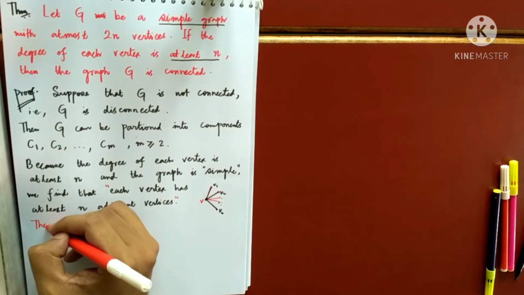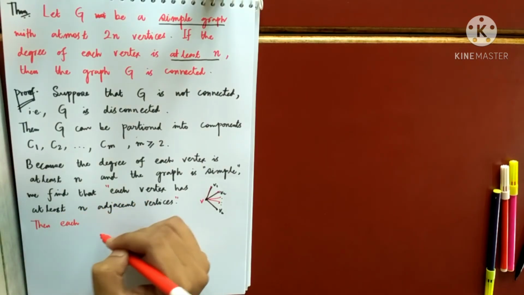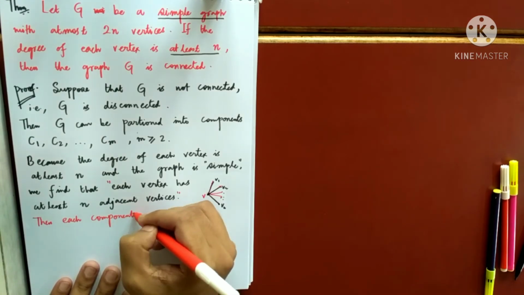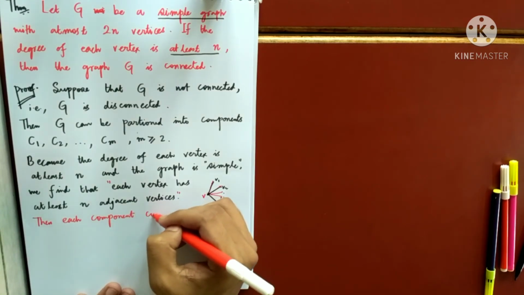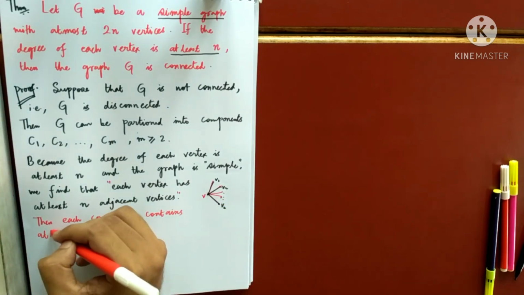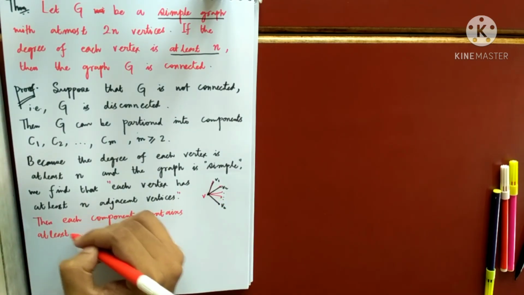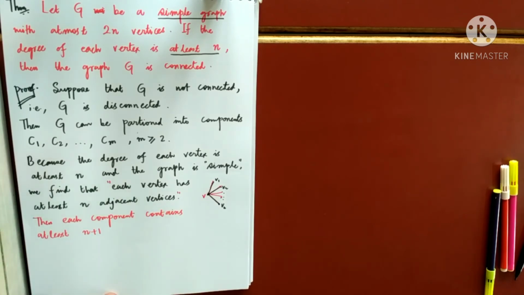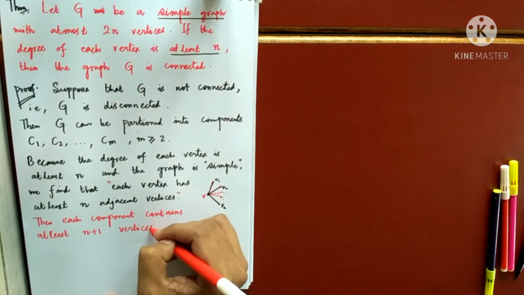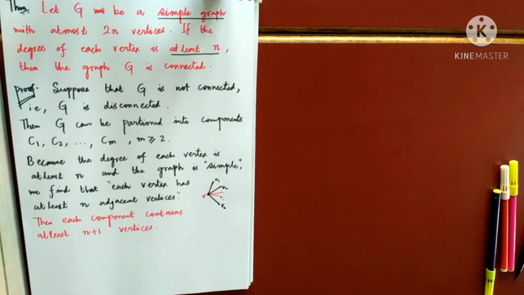Then each component contains at least n plus 1 vertices. Did you understand my point? This line which I wrote, please try to understand each and every line that I am writing.